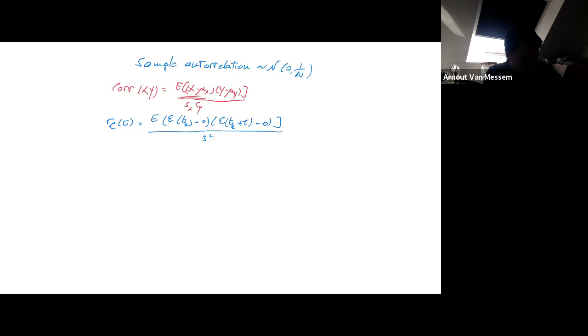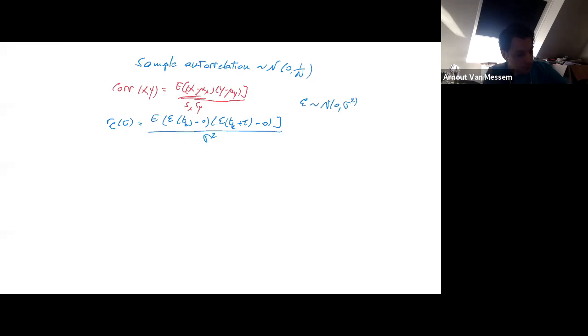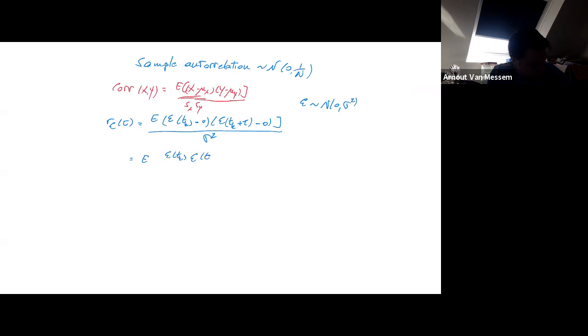We can even say it's sigma squared if we assume that epsilon follows a normal distribution with mean 0 and variance sigma squared. So this was our assumption anyway. This is also the expected value of epsilon tk times epsilon tk plus tau over sigma squared, because sigma squared is just a constant in the expected value.